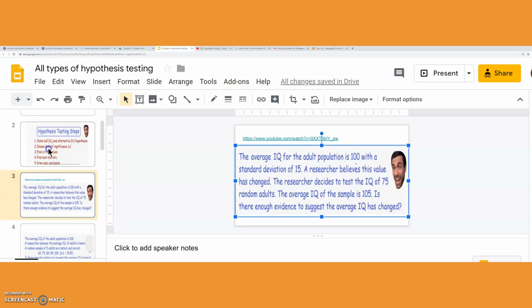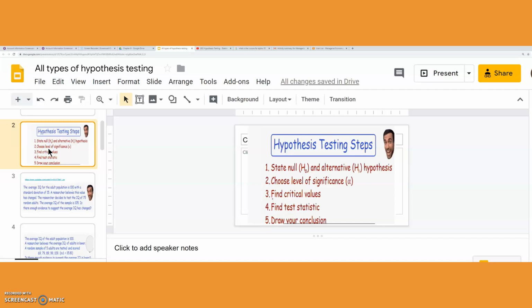The very first thing I want you to keep in mind is the five steps that we have to follow in every hypothesis testing. First of all, we have to state the null hypothesis, which is what is known to be true to the researcher, or what is commonly believed, the situation that is innocent until proven guilty.